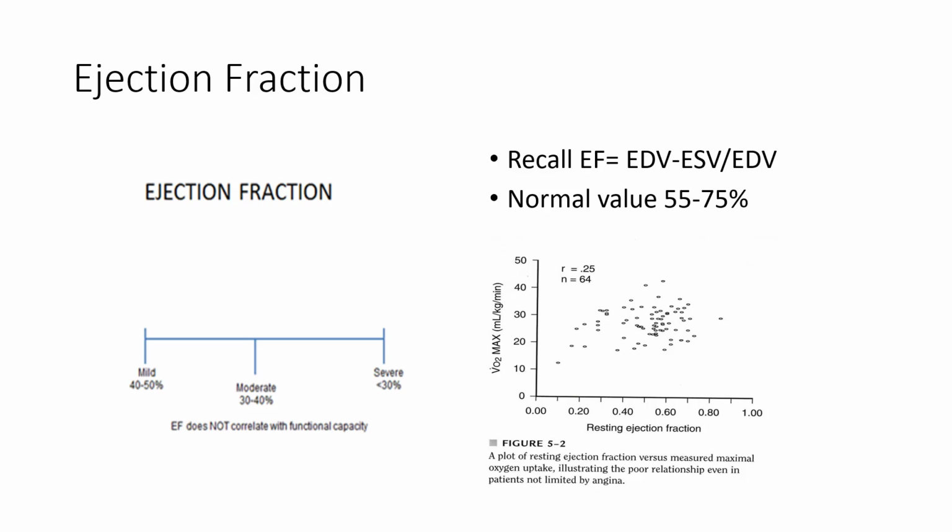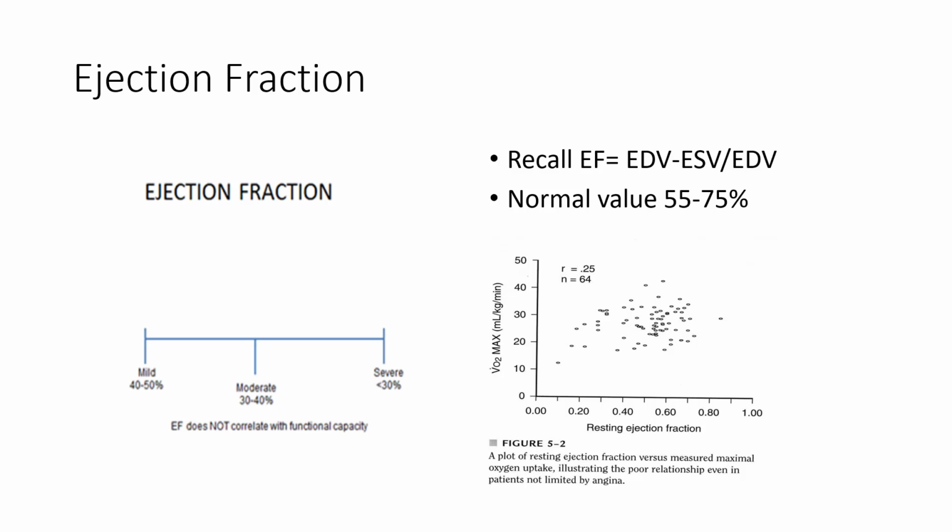I'll never forget this guy, he had a 17% ejection fraction and had a much better 6-minute walk test than a patient I saw that same day with an ejection fraction in the 30s. So again, it's not just about the ejection fraction. We're even looking now at the fact that ejection fraction may not be the only value from an echocardiogram or cardiac cath that matters. There may be other things going on in the heart that may be more sensitive to some of these changes.